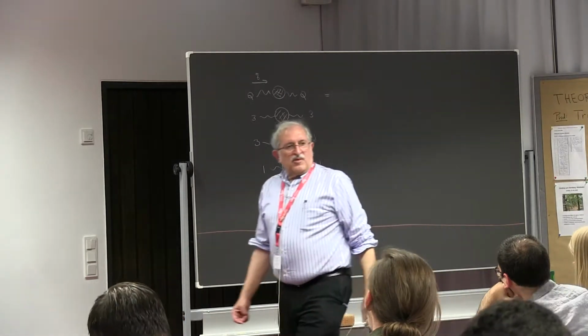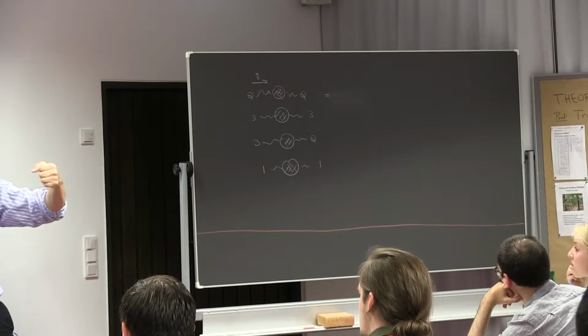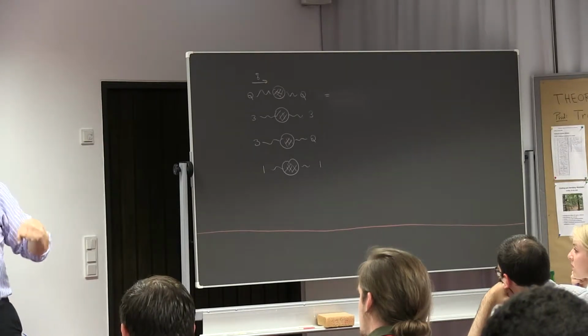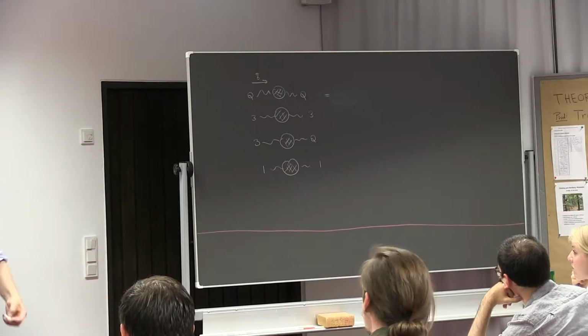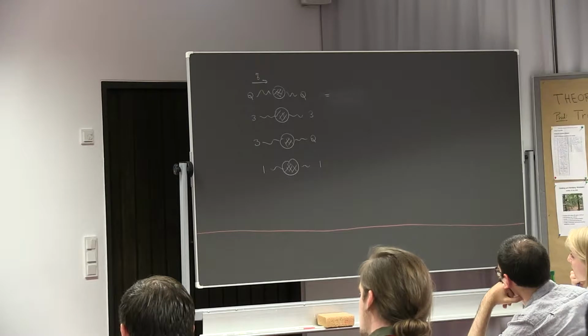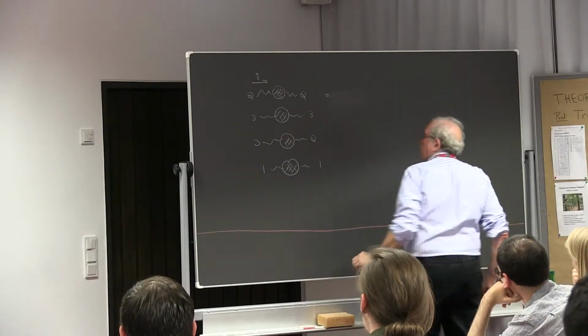So if we Taylor expand, this is a new physics contribution, we get Q squared over M squared and Q to the 4th over M to the 4th. And if Q squared is much less than M squared, let's say new physics is as high as 500 GeV, then we can neglect the 4th power and we can expand this out to order Q squared.